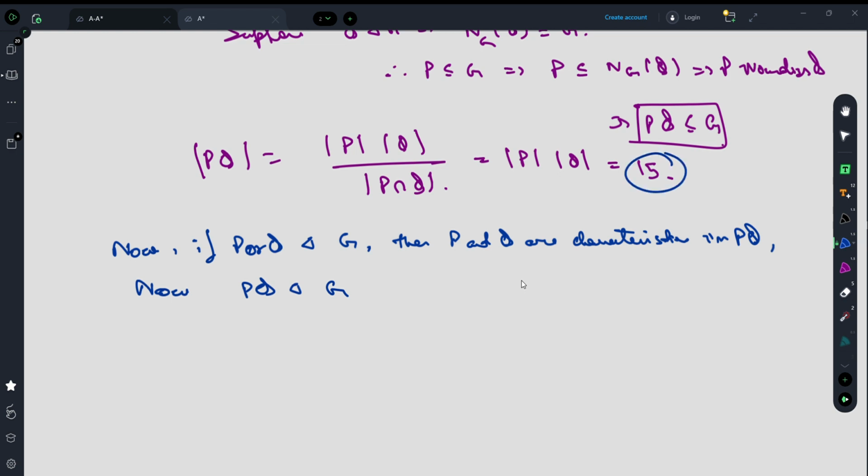Right, now PQ is normal in G. Why is it so? Because PQ has order 15.